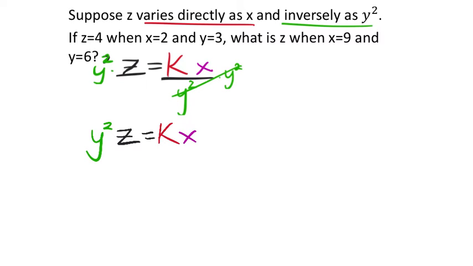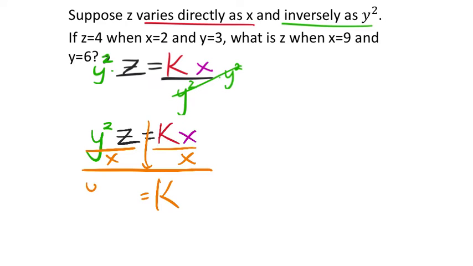Yes, that's correct. So we're only one last principle of equality away from solving for the k. Simply divide both sides by x. So now I know that k is the same as taking your y, squaring it, times the z, and dividing it by x.